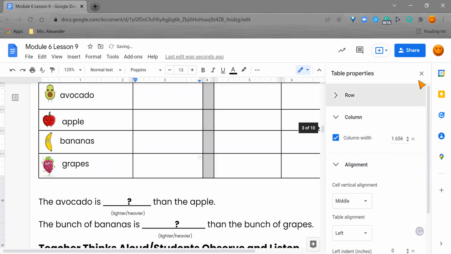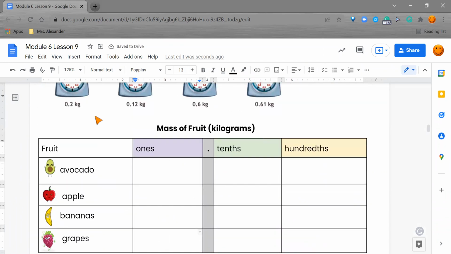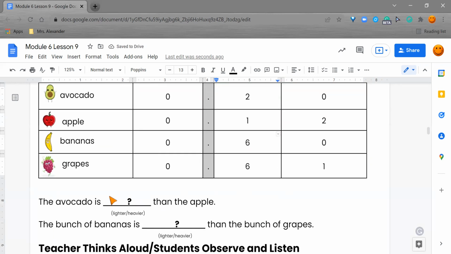Okay, now that I've done that, we're going to close that. So my avocado is 0.2. So I'm going to do 0, my point goes here, and I get a 2. My apple was 0.12. And right here, you guys have got to put a 0 because I don't have any. And then here's 0.60. And then 0.61. Now that I've done that, I get to go answer some questions.